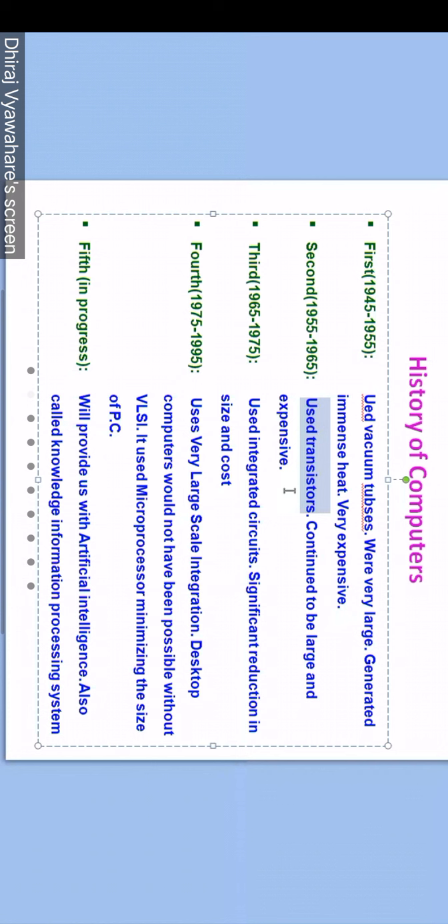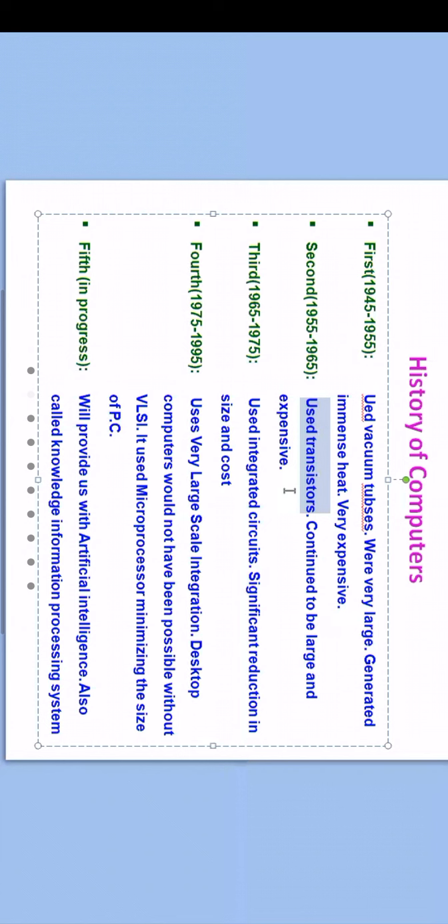Different languages came into existence. Then some operating systems also came into existence. We will see in detail what is the first generation, the second generation, the third generation, the fifth generation.